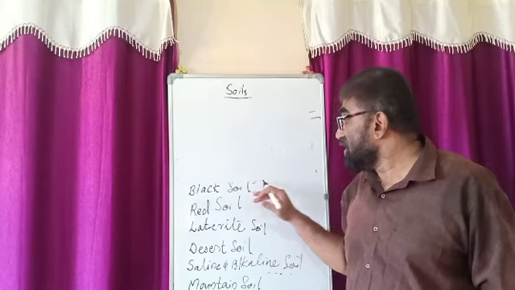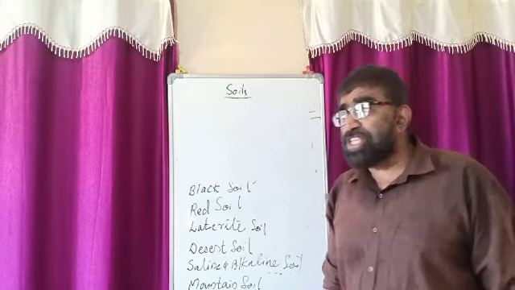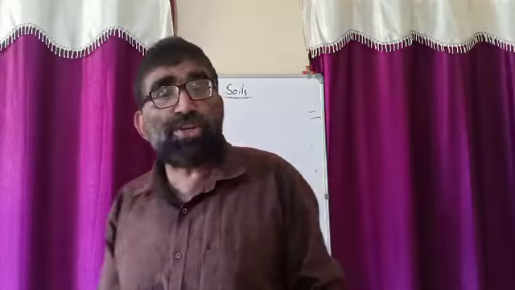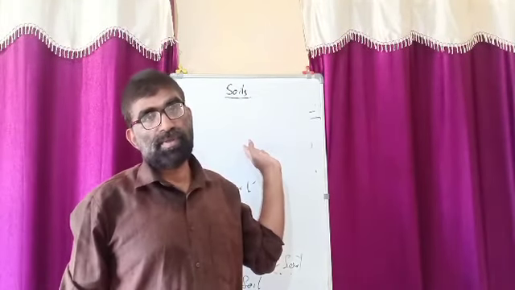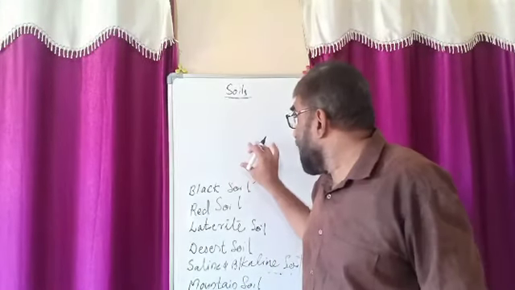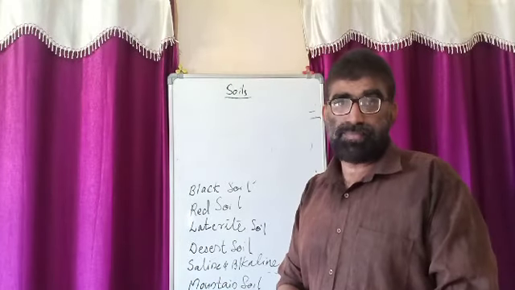In these states we will see this black soil. And black soil is formed by the disintegration of igneous rocks, schist and gneiss. So from gneiss and schist this black soil is formed.